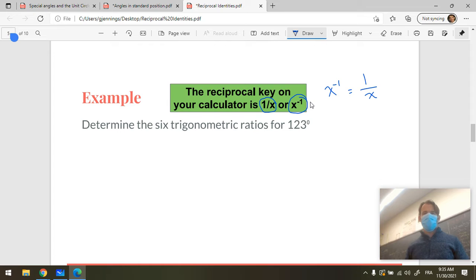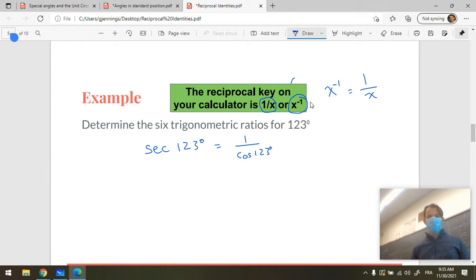That's the reciprocal button. Another way to do it is, let's say I want to know secant of 123 degrees. Okay, and I know that's going to be equal to 1 over the cosine of 123. So what I can type on my calculator is cosine 123, and it will output that for me.